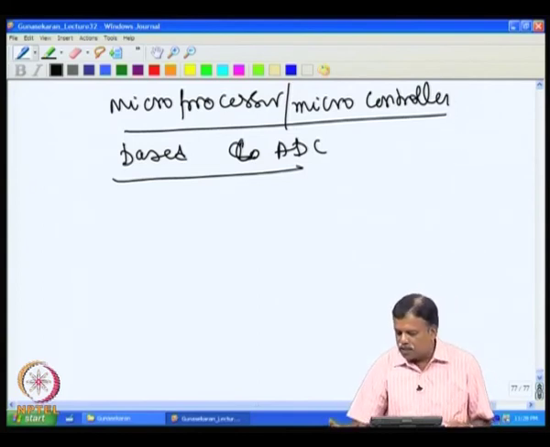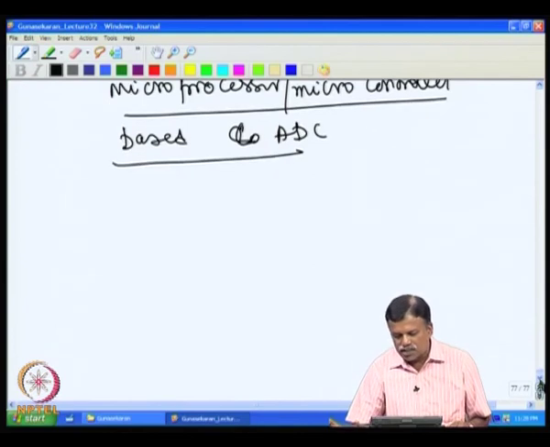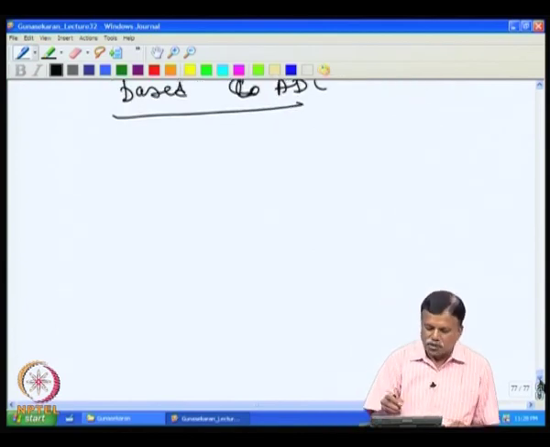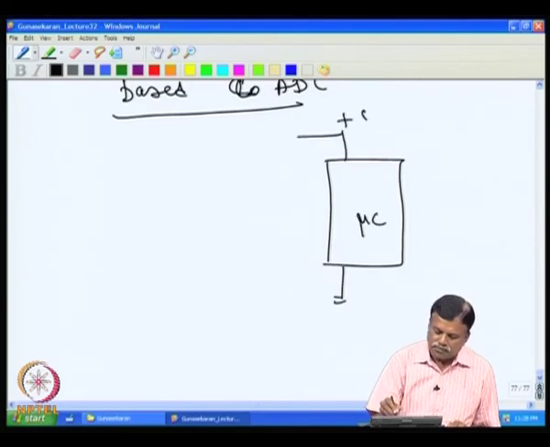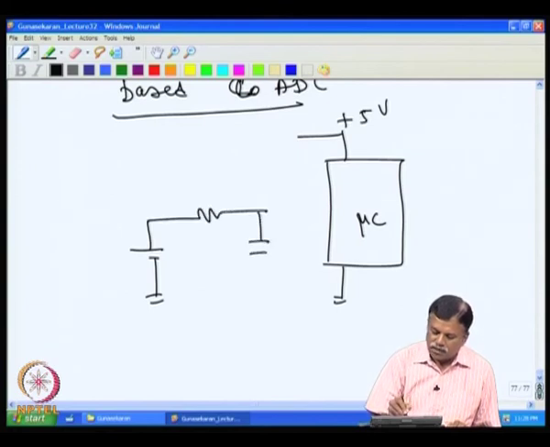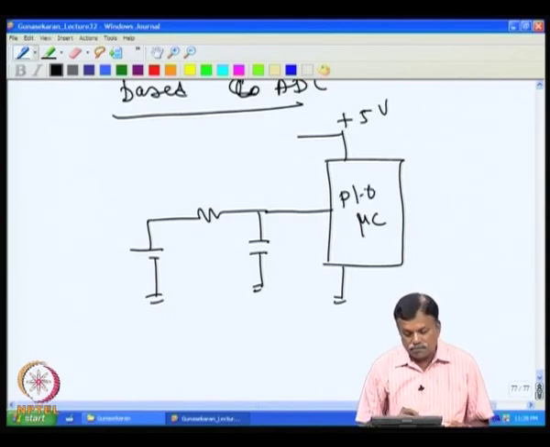There are various techniques for this. If you have a microcontroller and want to digitize an analog voltage, the simplest thing to think of is this: I give the supply voltage, and the V input voltage which is to be digitized can be given through a resistance and through a capacitor, and connected to one input port, for example P 1.0.